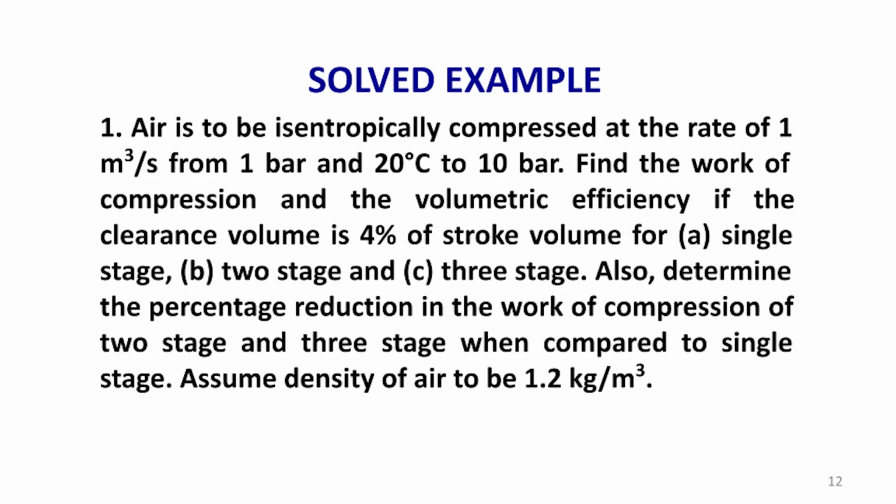Find the work of compression and volumetric efficiency for a single stage, 2 stage and 3 stage. The volumetric efficiency we are going to find using this formula: 1 minus clearance volume by swept volume into P2 by P1 the whole power 1 by gamma, minus 1.